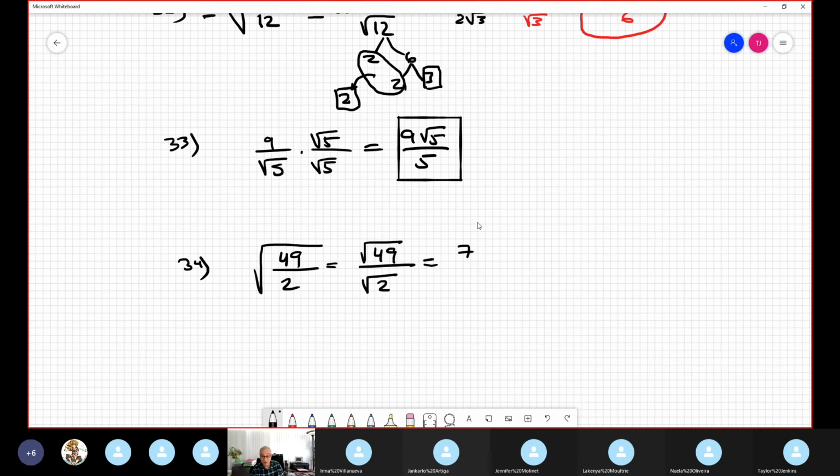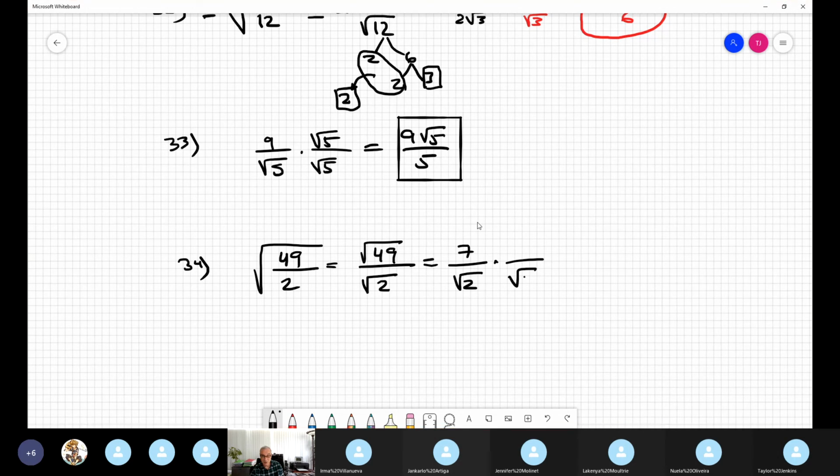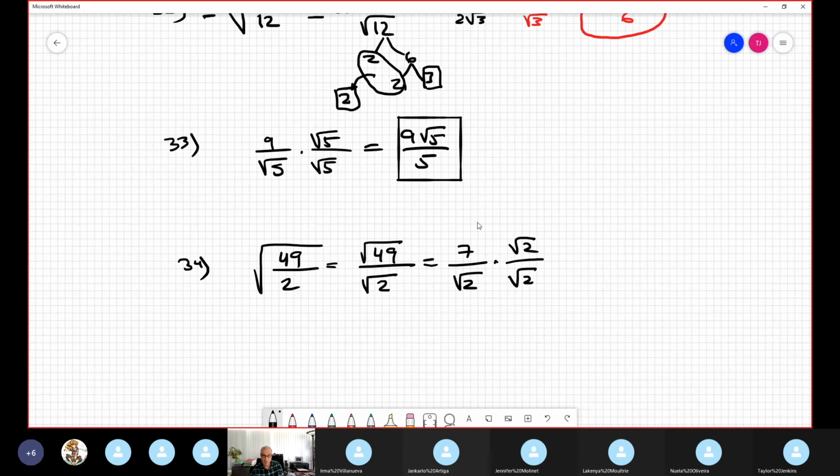Radical 49, I know, gives 7, and radical 2 is radical 2. This answer is correct, but there is no rationalization yet. You multiply by radical 2, top and bottom. The answer is 7 radical 2 over 2. Done. Final answer.